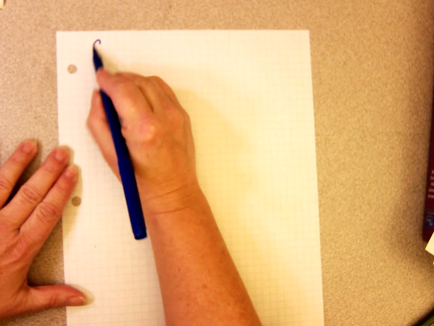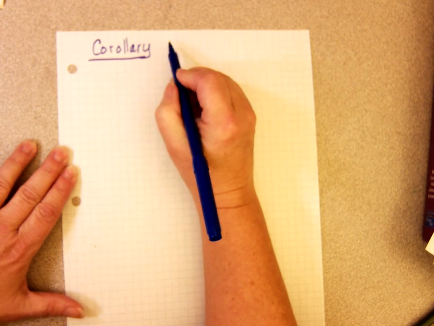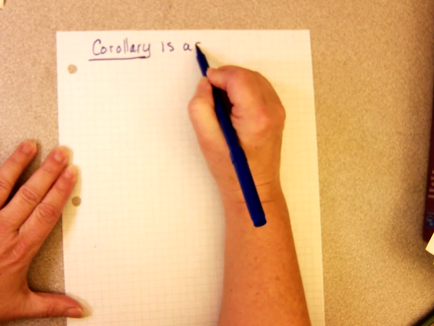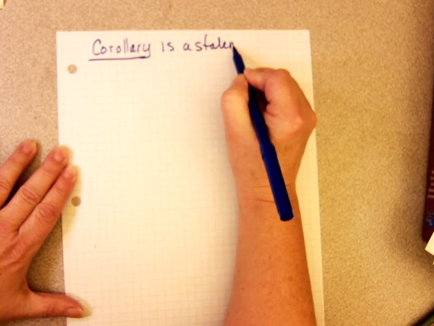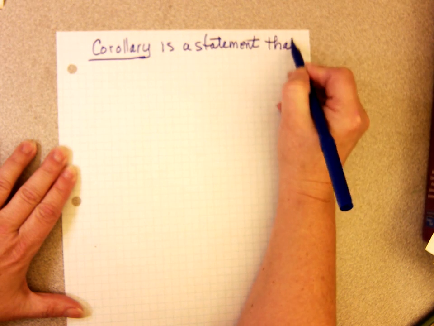Okay, I have two more things, and then we'll get on to our worksheets. And they are called corollaries. A corollary is a statement that follows from a theorem.